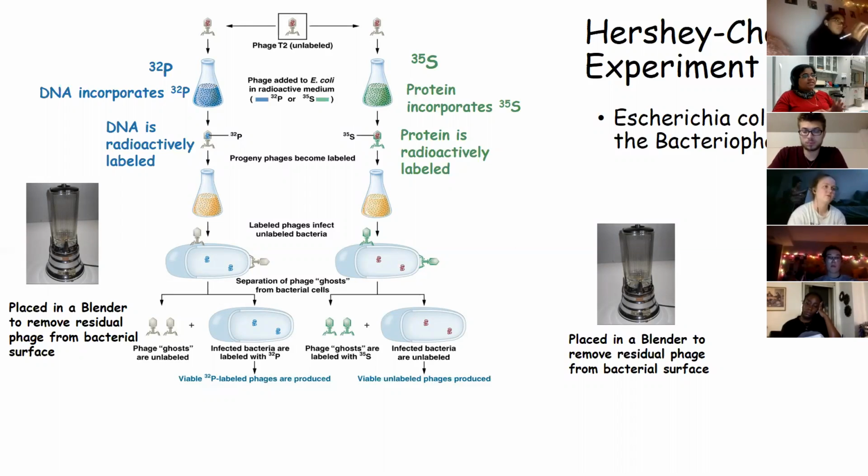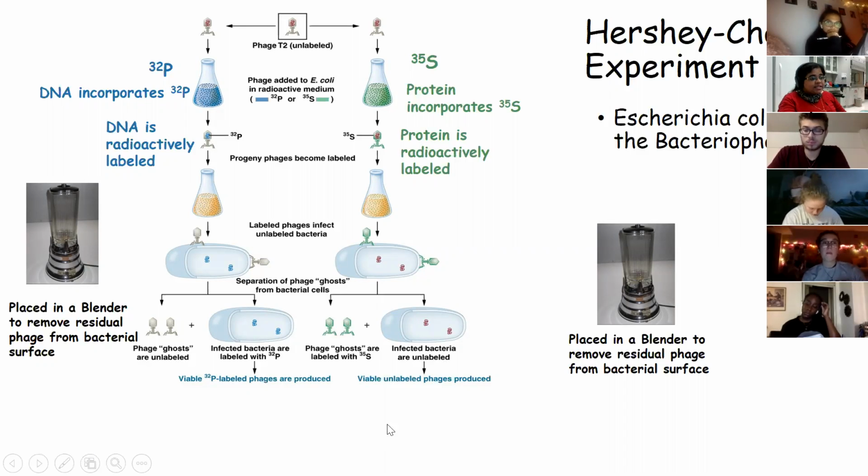So in this case, since DNA incorporates phosphorus 32, because of the phosphate groups in the DNA backbone, they were seeing that the infection part is to allow the bacteriophage to transfer its genetic material into the cell.